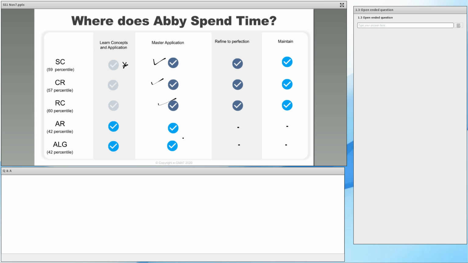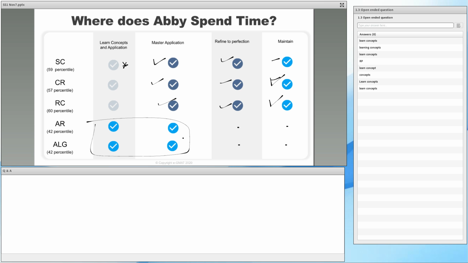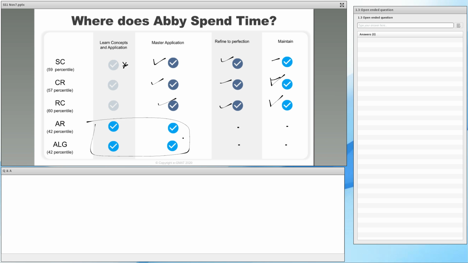But on the quant side, she doesn't have to answer the most challenging questions correctly. So she's focusing her energy on these things. Does that make sense?